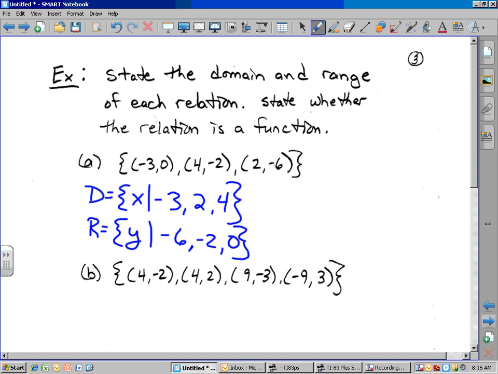No. So we're good. Well, depends what's repeating. For instance, do I have an x value that shows up twice? Okay. Do I have a y value that shows up twice? Okay, so that should be good. Let's look at the next one. Okay.